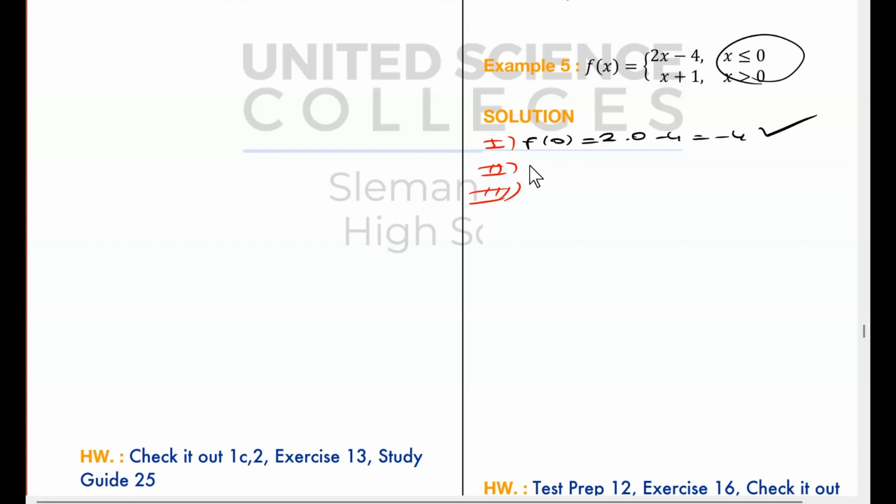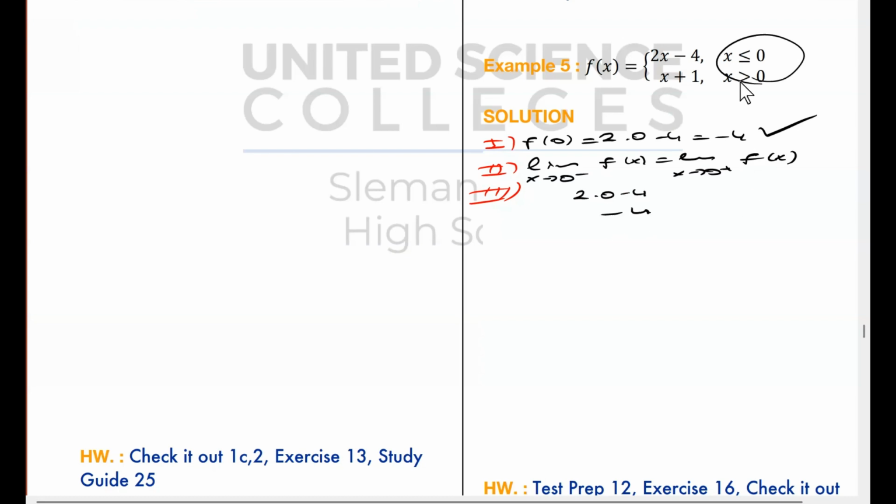Second condition, does the limit exist? Let's check. If the limit exists, then the limit from the right should be equal to the limit as x approaches 0 from the left, right? What is the left-sided limit? When you insert 0 back, 2 times 0 minus 4, which is minus 4.